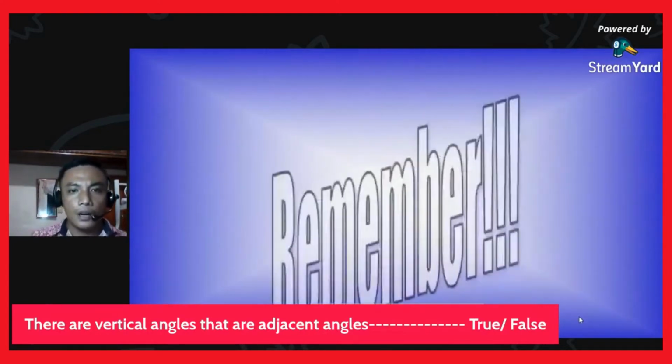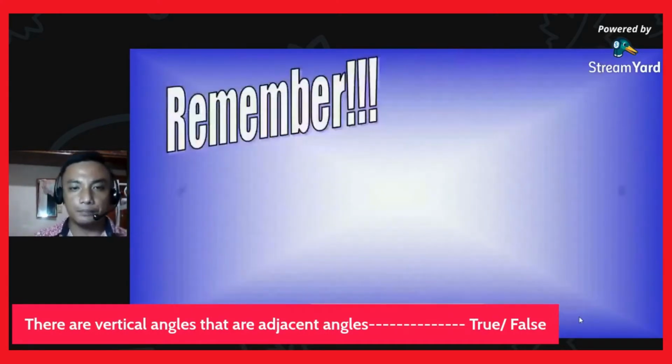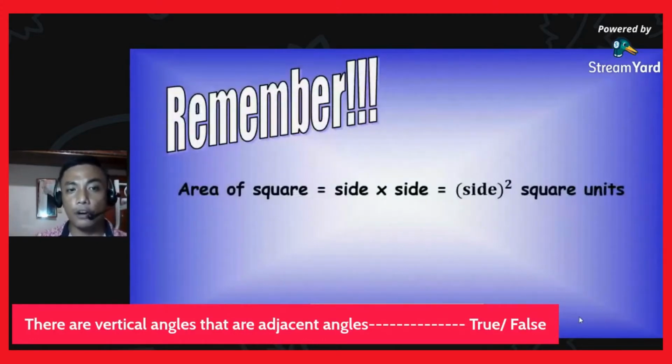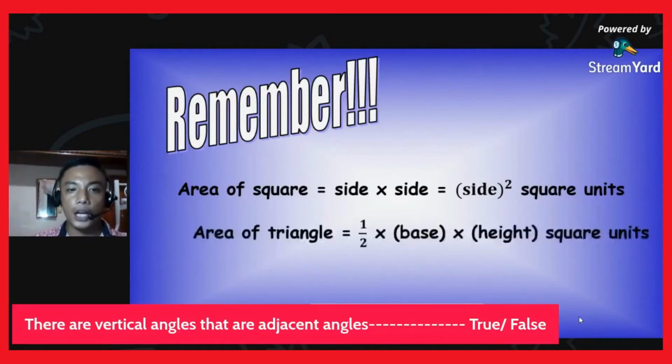Now, we're going to remember these formulas. First, what is the formula for the area of a square? Simply, side times side, so we have side squared units. Next, the area of a triangle is equal to 1/2 times base times height square units.